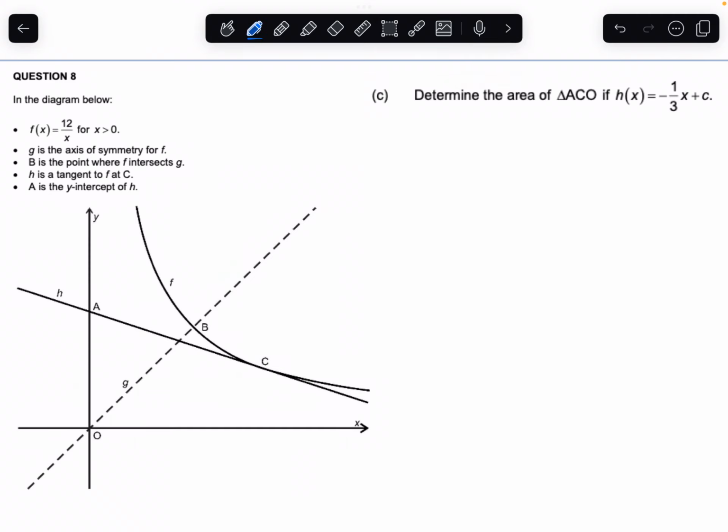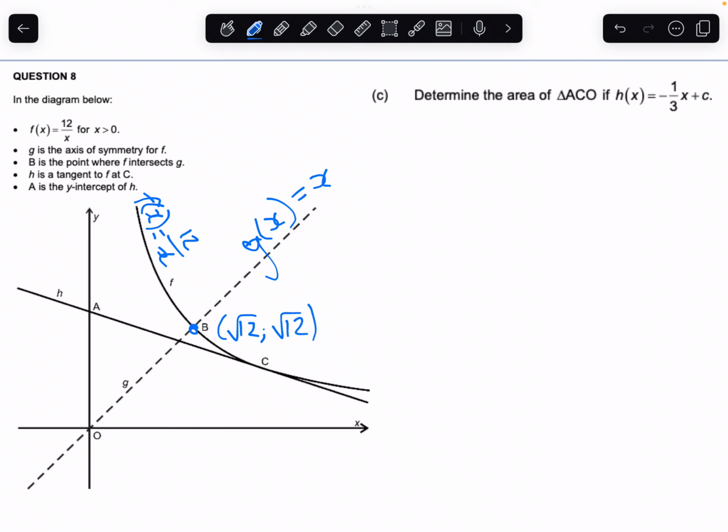So we have g of x is equal to x. We know that f of x is equal to 12 over x, and B is root 12 and root 12.